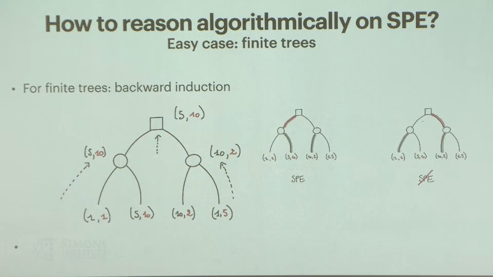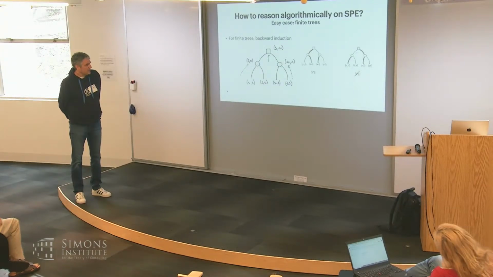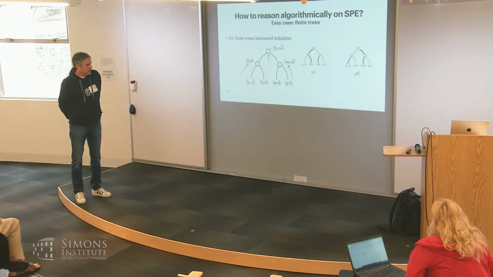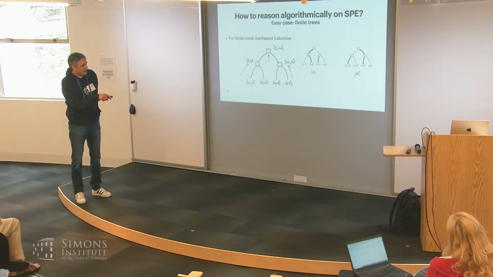So not just the red one, the box player, who can decide to go left or right. If instead of a box at the root, we have the circle player, and the circle player could avoid going to the left, would it then be okay? If this would be a circle, he would go there because he can get 10, which is better than 5, that's for sure.